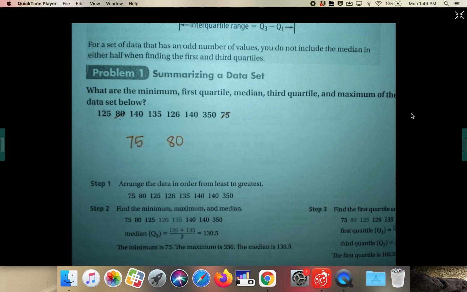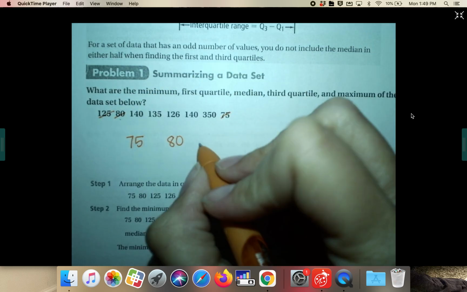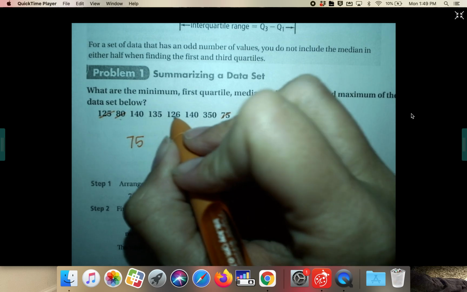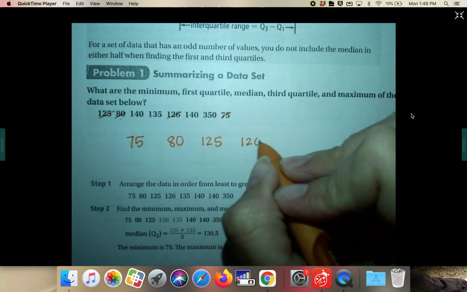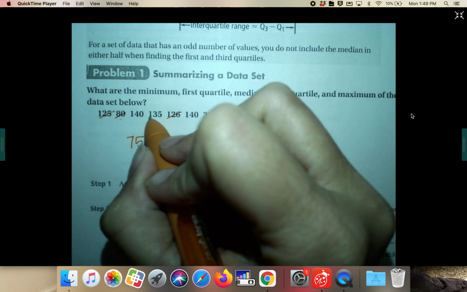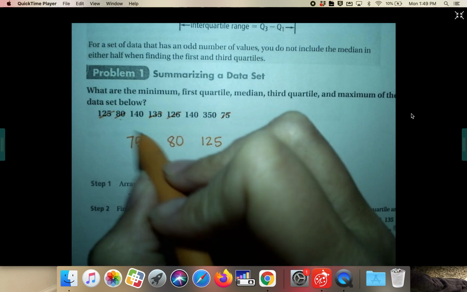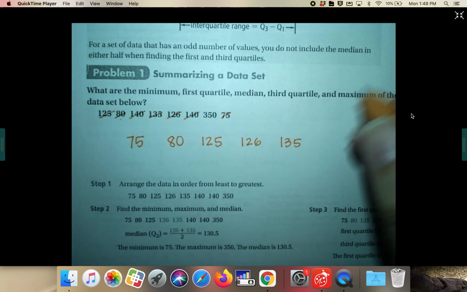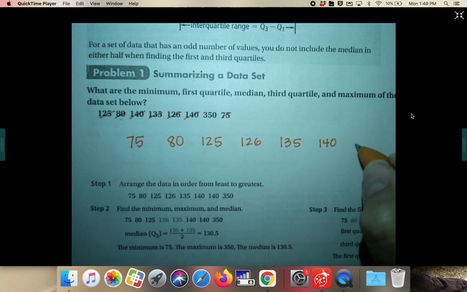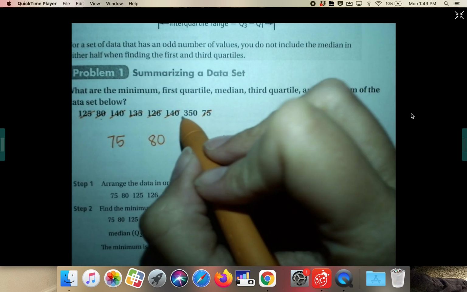I think it jumps to 125 next. And then you've got 126, and then it goes 135, and then there are 2 140s. You go ahead and write them out twice, and then you have this 350.